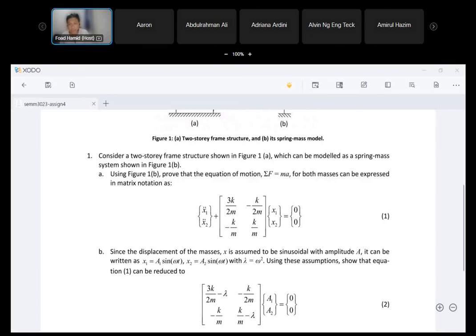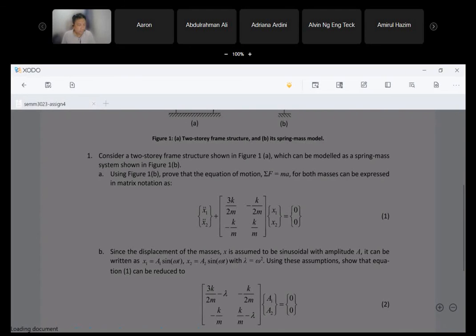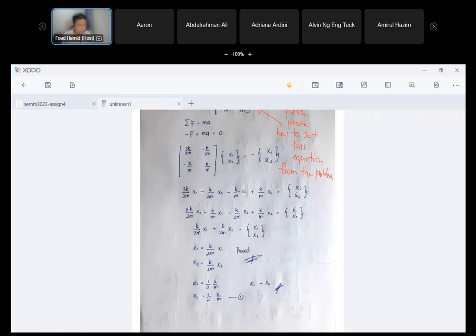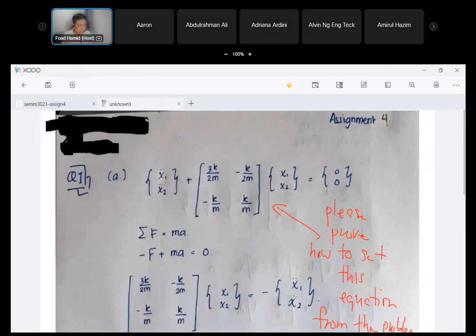Okay, so I'm ready with one of the students' papers. Okay, this is the paper here.